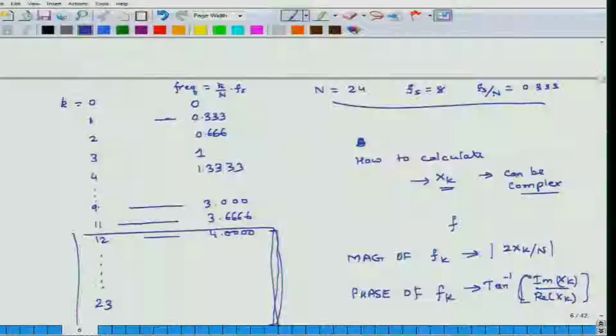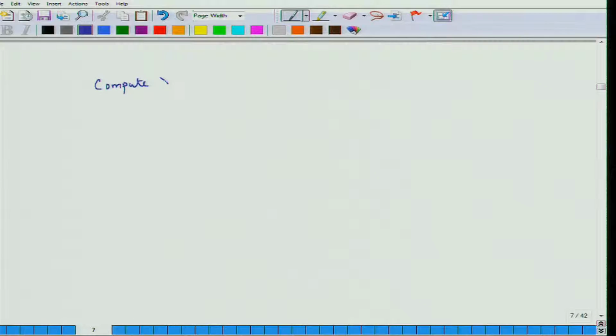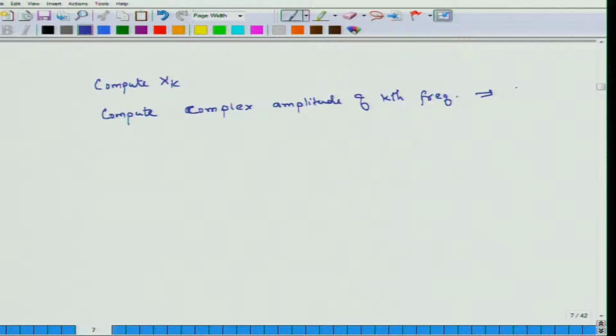So, we will recap. So, what do you do? If you have a set of data points, compute Xk, right? Then compute the complex amplitude of kth frequency, and this is what? Xk divided by N times 2.